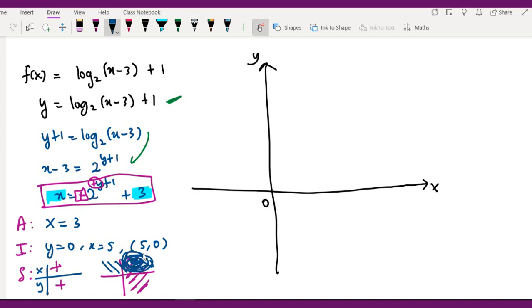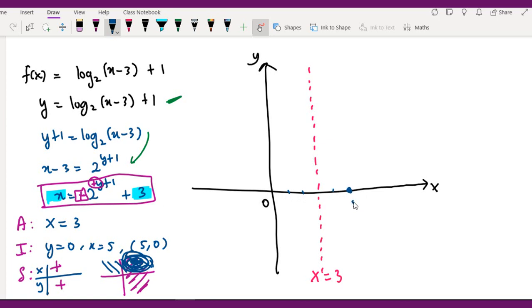Now, first step, sketch the vertical asymptote. Use a line and label it: x equals 3, the vertical asymptote. The intercept point is (5, 0).